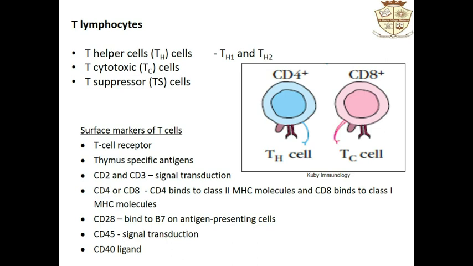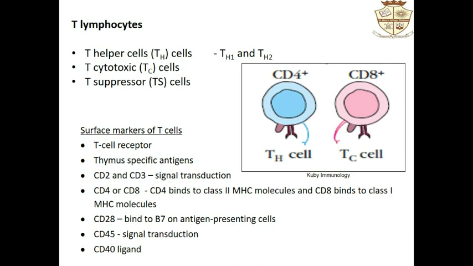There are T helper cells or Th cells and T cytotoxic cells or Tc cells. Th cells express the CD marker CD4 and Tc cells express CD8 glycoprotein on their surface.